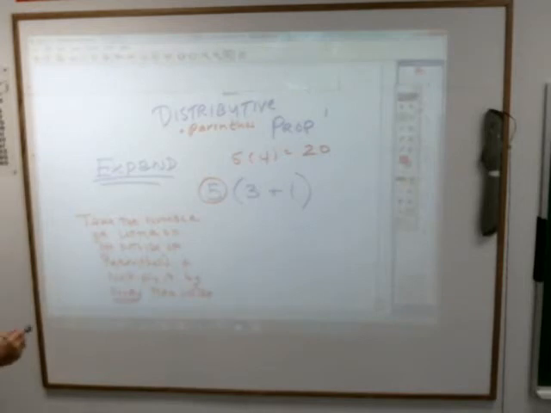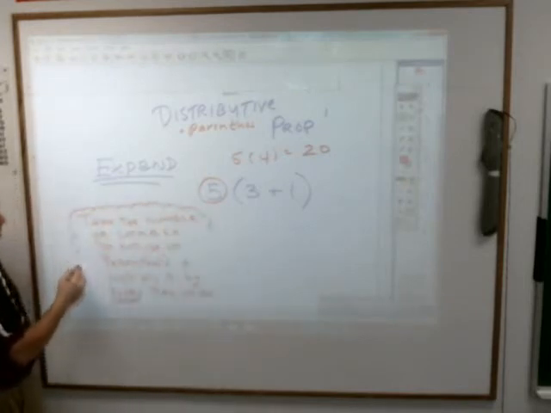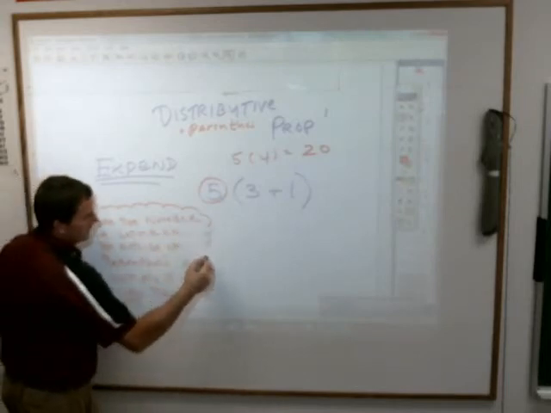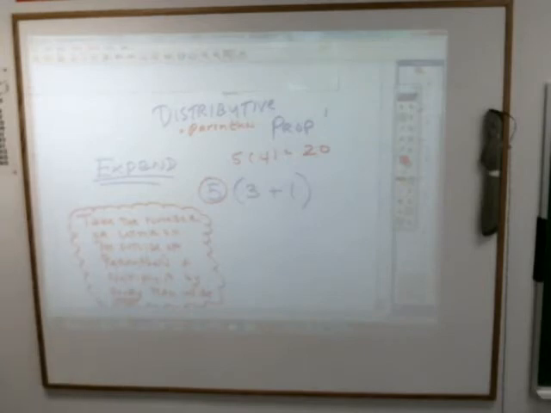It takes a lot longer to write down than it ever will in reality. Take the number or letter that's outside of the parenthesis and multiply it by every term inside, and you'll get rid of that parenthesis.